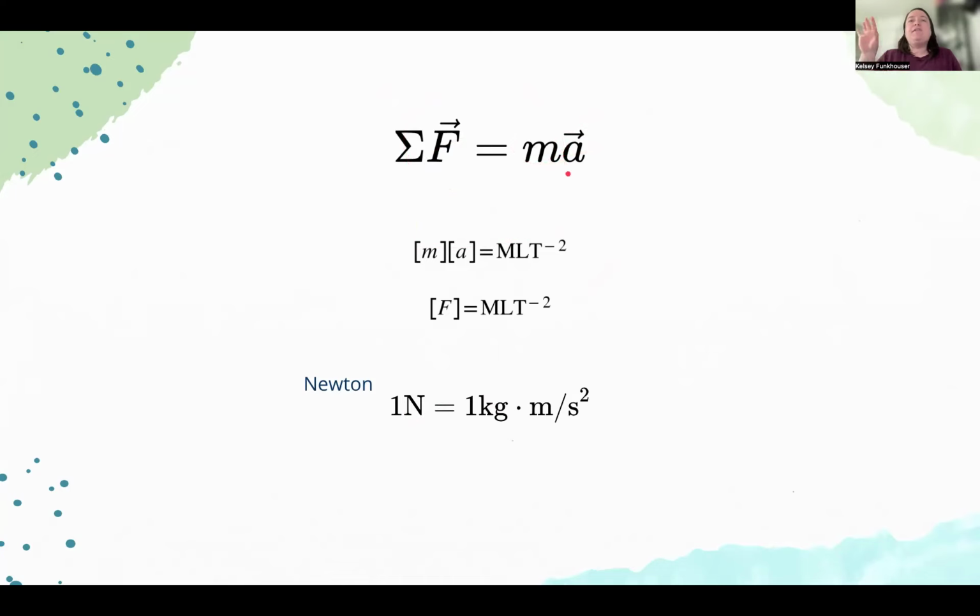This is what I do. If I'm trying to make sure my units cancel out properly and I can't remember what a newton is, I go back to this fundamental equation and I'm like, okay, mass is in kilograms, acceleration is meters per second squared, so 1 newton is a kilogram meter per second squared.